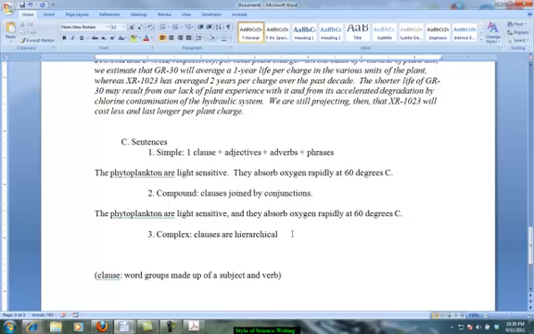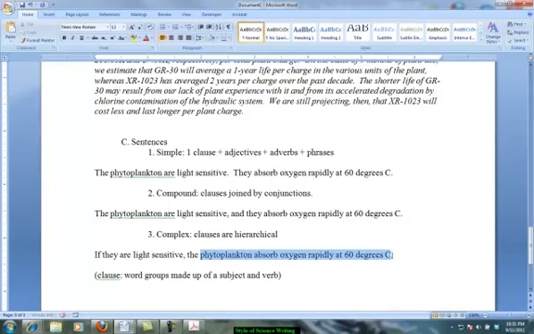We have a main clause, and it's going to be linked to one or more dependent clauses by a subordinating conjunction. So, for example, if they are light sensitive, the phytoplankton absorb oxygen rapidly at 60.